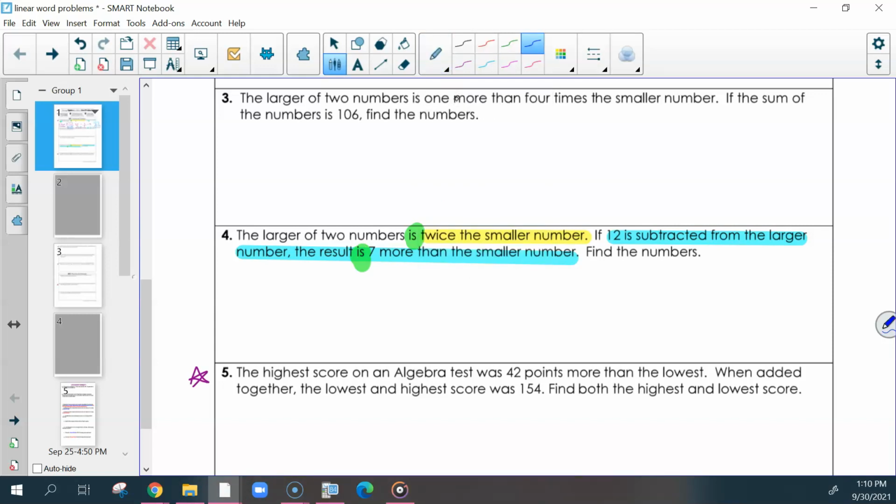Okay. So again, I'm going to go ahead and label these S and L. What I know about L, twice the smaller number. So I can say that's 2S.